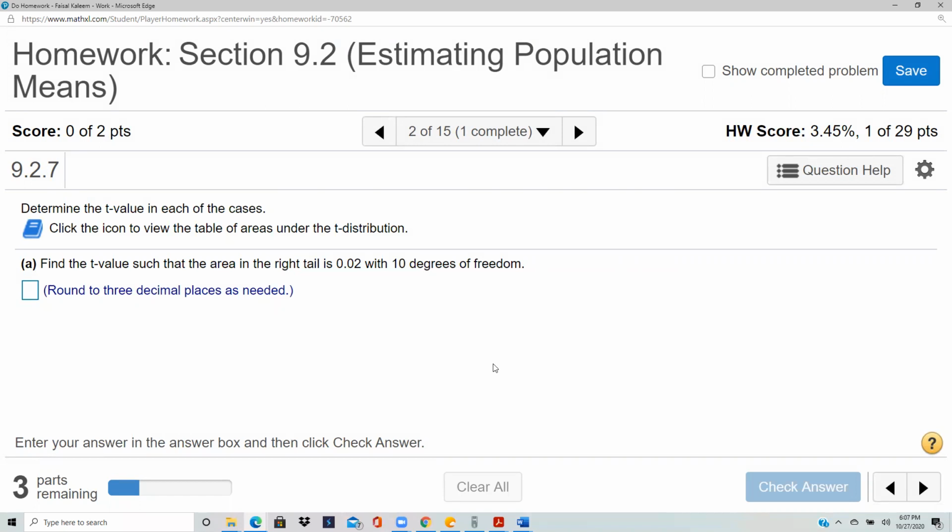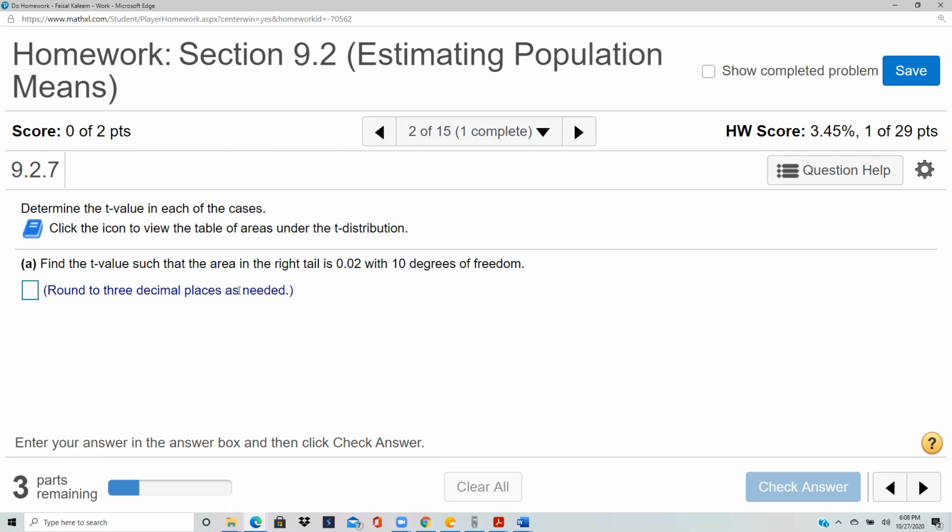Determine the t-value in each case. Find the t-value such that the area in the right tail is 0.02 with 10 degrees of freedom. So when we've been doing normal calculator for a long time, when you have to do calculations with the t, then on StatCrunch you will use t calculator.